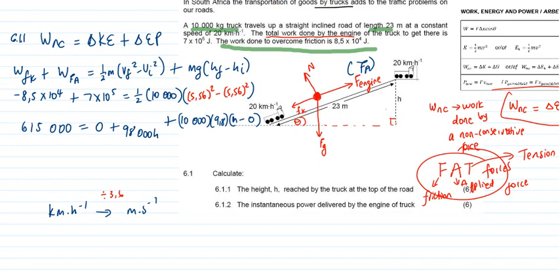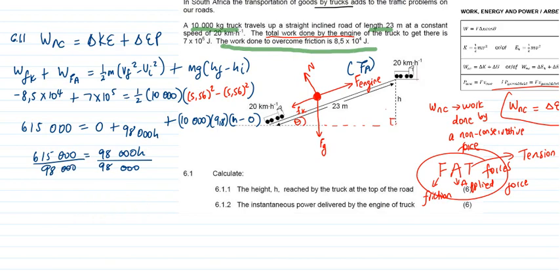So that means you're gonna have 615,000 being equal to 98,000 H. So you divide by 98,000 both sides. So therefore the answer that you would get there, 615,000 divided by 98,000, you get 6,28.